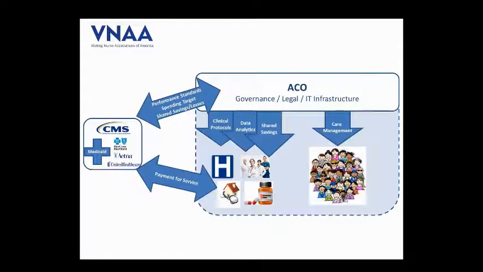But basically what the payer does is they look at the historic utilization of a group of beneficiaries, and says, you know, the providers that are part of this ACO were really the main providers who are providing services to this group of individuals, let's say in the last year. Therefore, it makes sense that this beneficiary be assigned to this ACO for care management because it's likely that the beneficiary will continue to see the same providers in the next year. So they're assigned a group of beneficiaries, and this is the group of beneficiaries that the payer uses to set the spending target and also the performance standards.